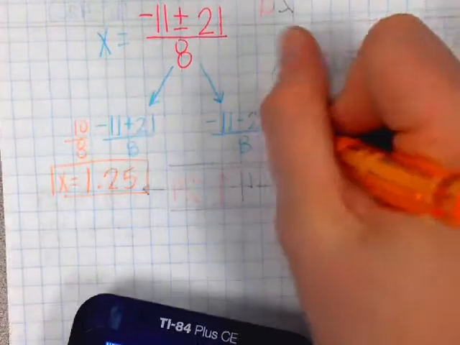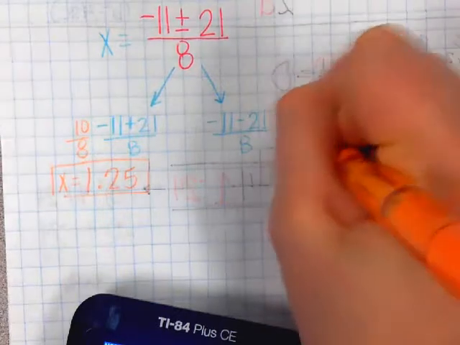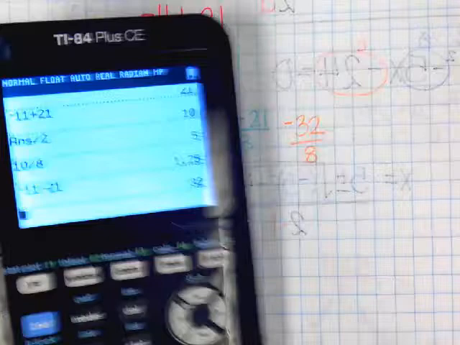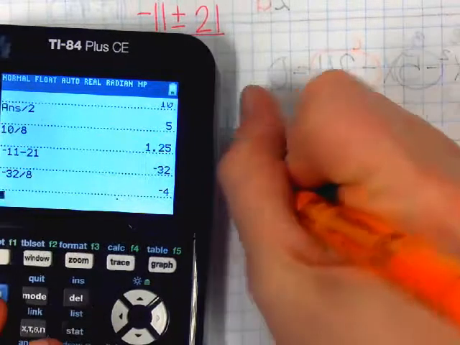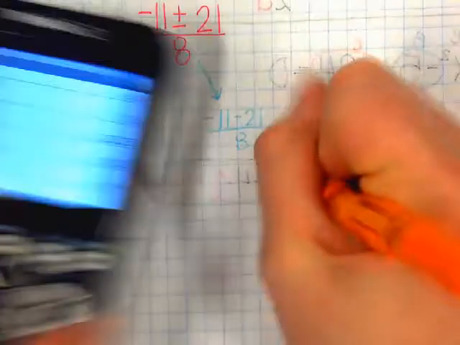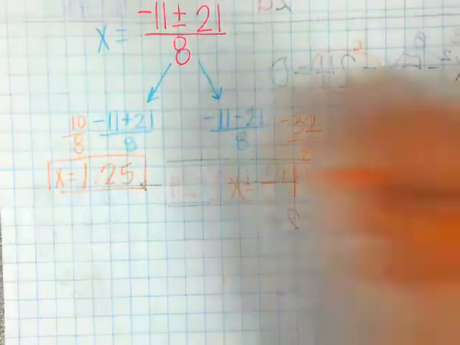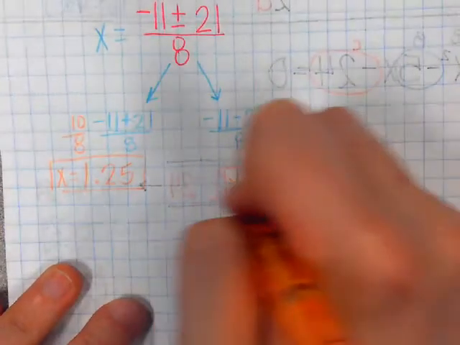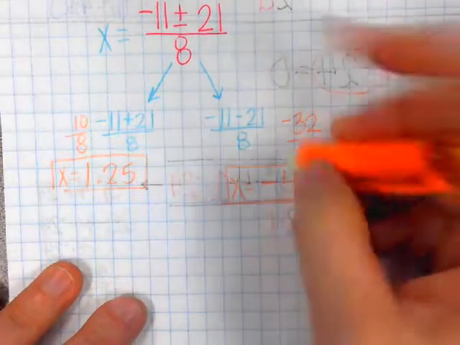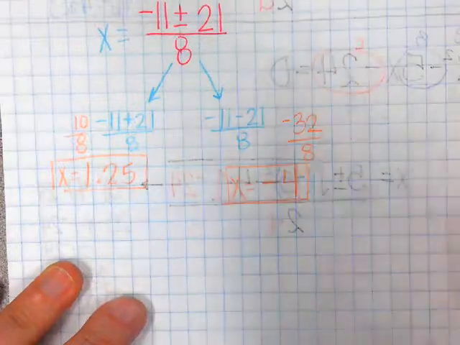Let me move my calculator so you can see it. And then negative 11 minus 21 is negative 32, divided by 8. So negative 32 divided by 8 would be negative 4. So x equals negative 4 and x equals 1.25.